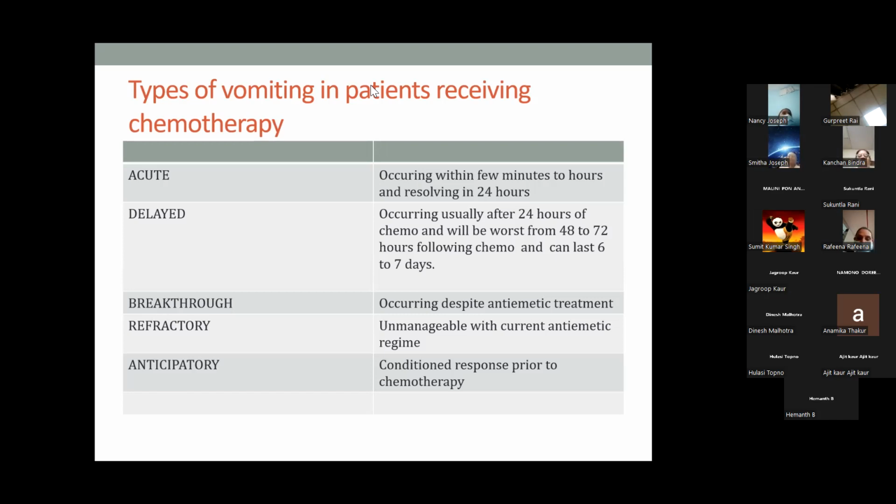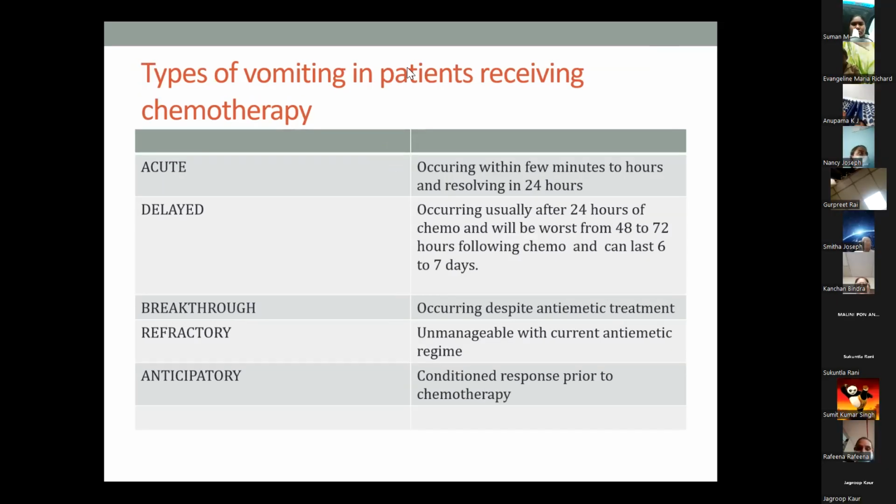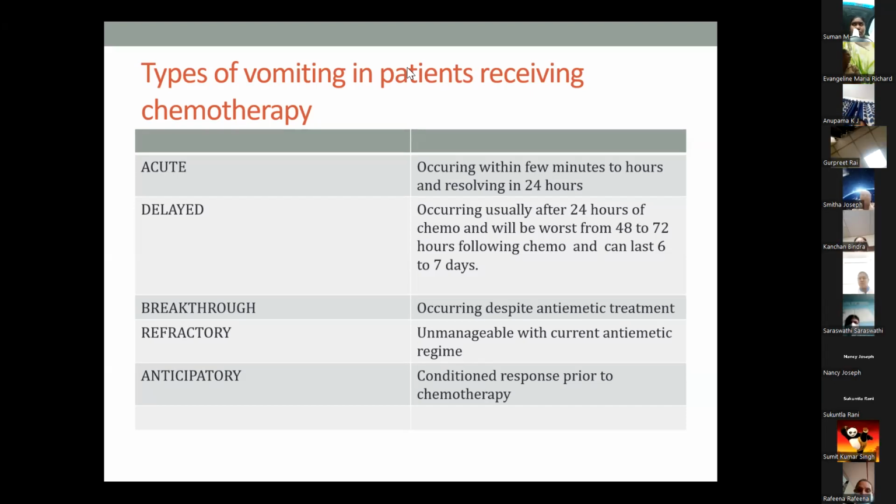Okay, patient just starts vomiting right away after going home, still vomiting. In such a case, the vomiting comes down after, say, about 4 or 5 days. Okay, but before the patient has his next appointment, from the previous day evening, he starts vomiting again. The very thought of going through the chemotherapy, which causes vomiting, induces anticipatory vomiting before his next dose of chemotherapy, even before the drug has been administered. This is called anticipatory vomiting.